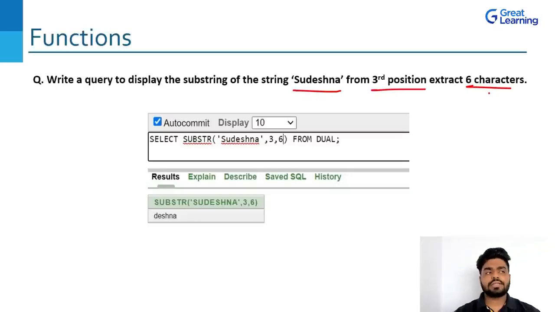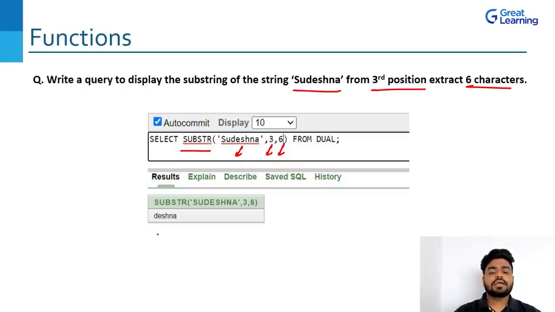That means there is a function which uses these 3 parameters. We have the function SUBSTR, which uses 3 parameters. First, the string with which you want to work; second, the position from where you want to start the extraction; and the last parameter is how many characters you want to extract.